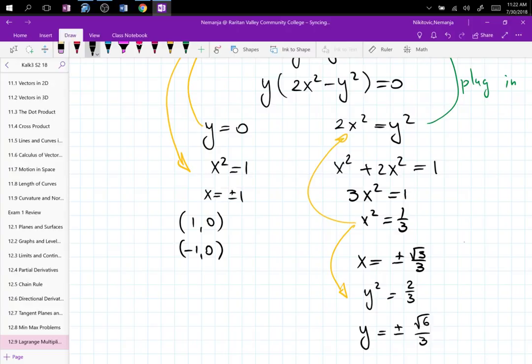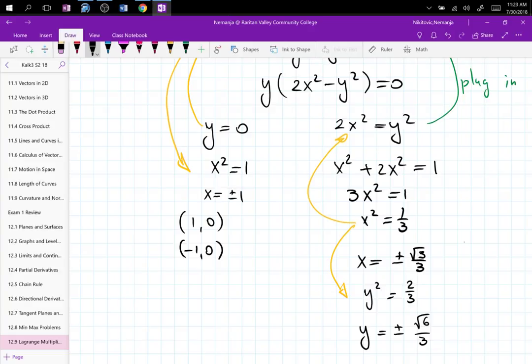Observe that x has plus minus, y has plus minus. How many points do I get there? 4. Plus with a plus, minus with a plus, plus with a minus, and minus with minus. That's 4 points. So I have to check 6 z values. The highest is the maximum value, the lowest z would be the minimum value.